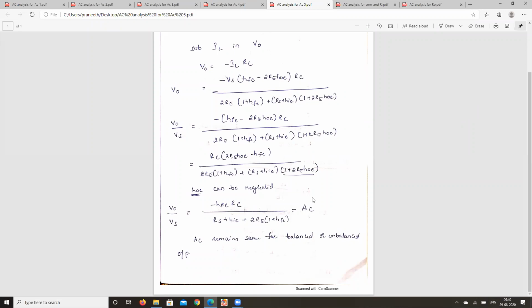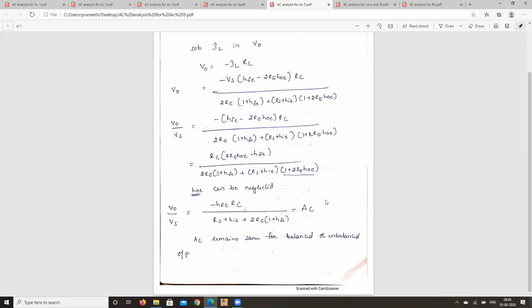Remember that, unlike the others, your differential voltage gain only will change with whether it is double-ended output or single-ended output, whereas all the remaining parameters are not dependent on whether it is balanced or unbalanced.